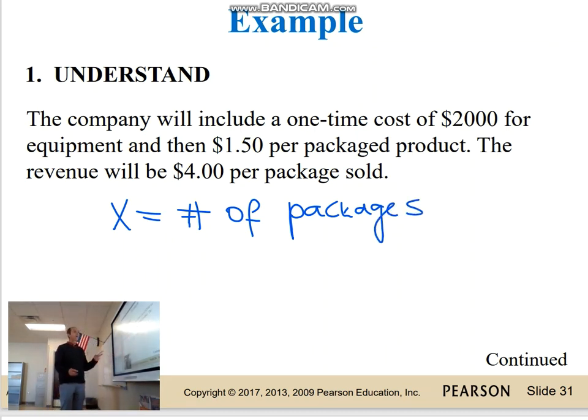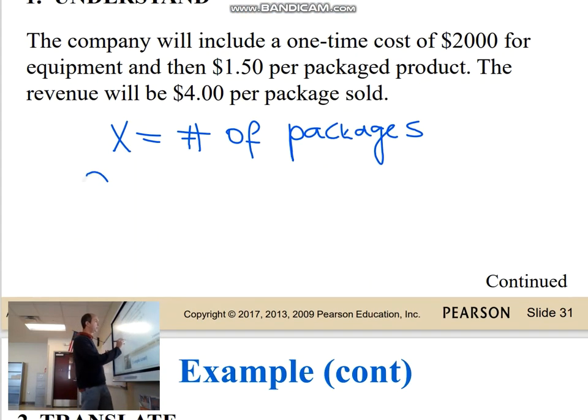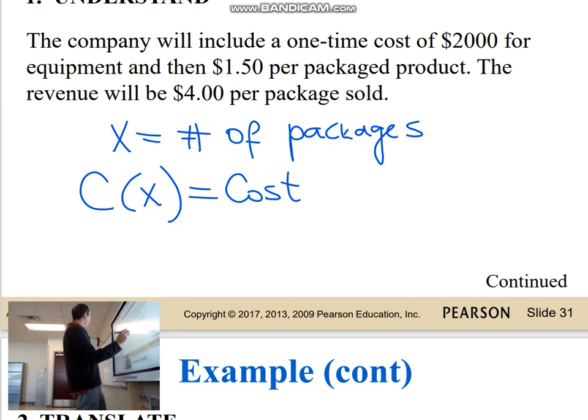And we need to calculate the cost, C, as a function of the number of packages. C of X, this is the cost as a function of the number of packages.